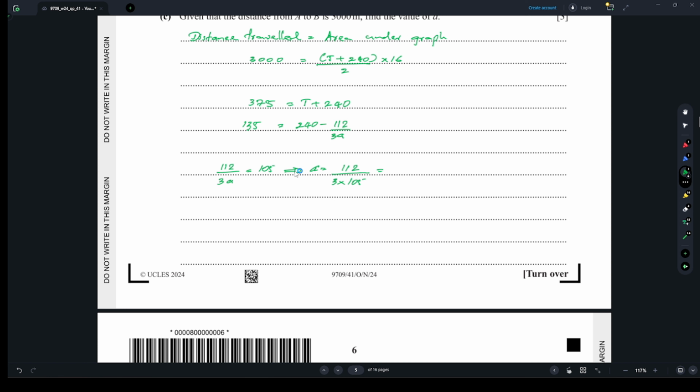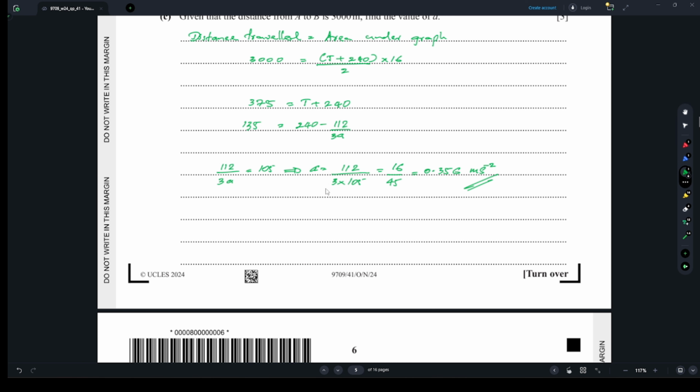So you will receive 16 over 45, you can keep this one, or for 3 significant figures it's 0.356 meters per square second.